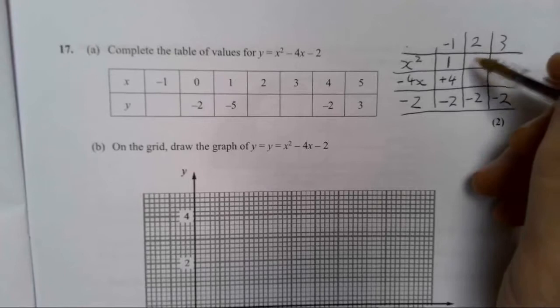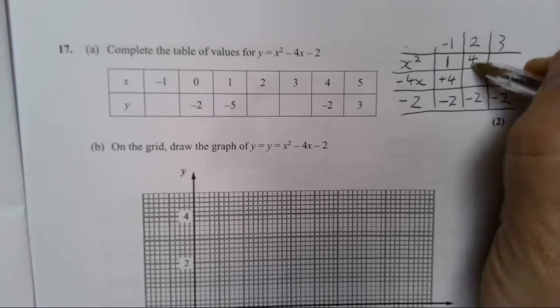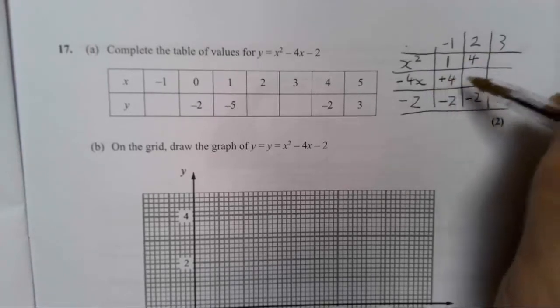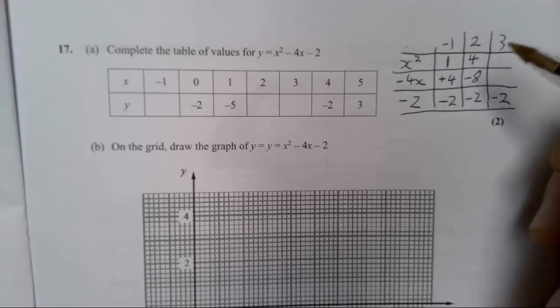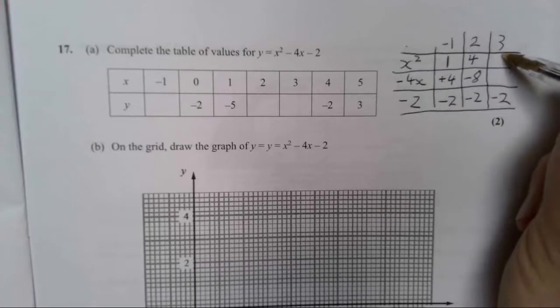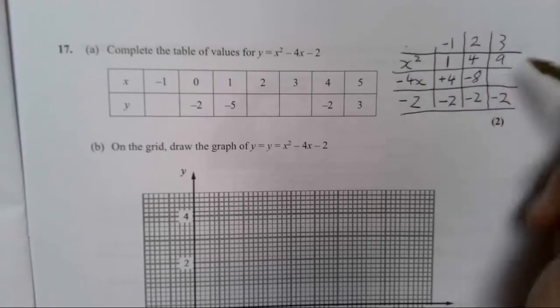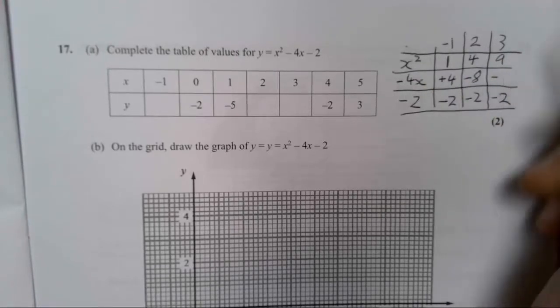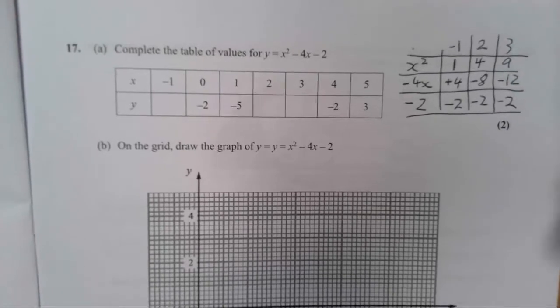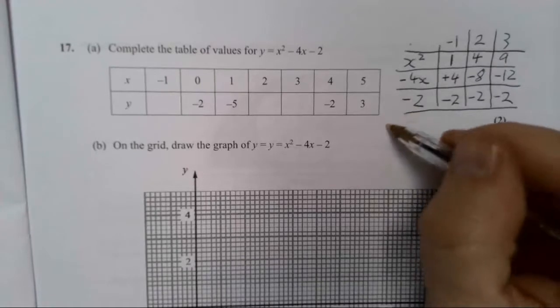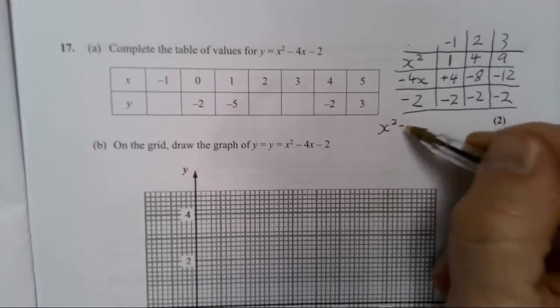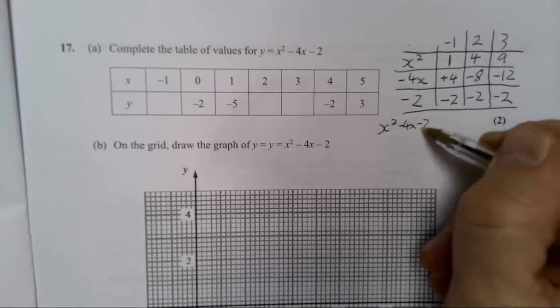And then I'm going to take 2. 2 squared is 4. Minus 4 times 2, so that's minus 8. And then I've got 3. 3 squared is 9. Minus 4 times 3 is going to be minus 12. Now, what's going to go here is basically the sum of all these, because if I put all these together, I get x squared minus 4x minus 2.